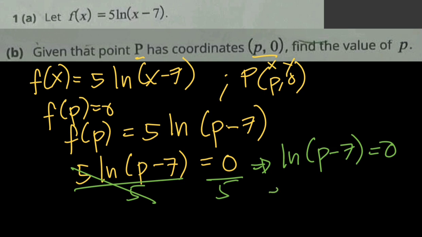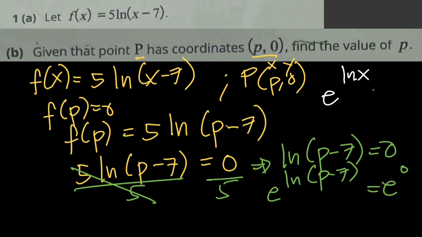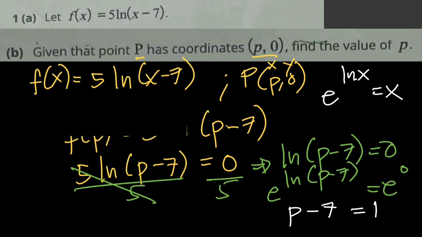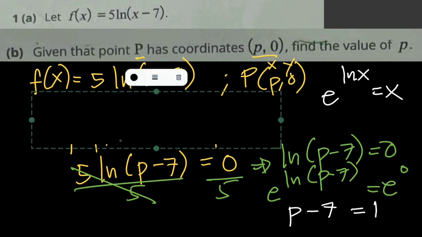So we can write this as e to the ln of P minus 7 equals e to the 0. Let's recall from the properties of natural logarithm, e to the ln of x is just equal to x. Therefore, e to the ln of P minus 7 is just equal to P minus 7 equals e to the 0, which is 1.